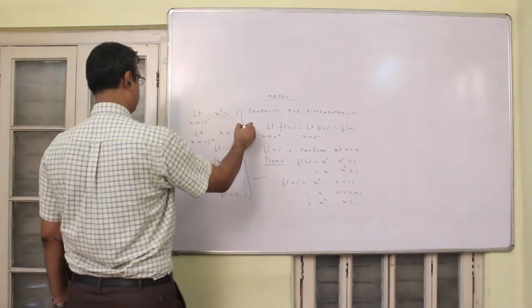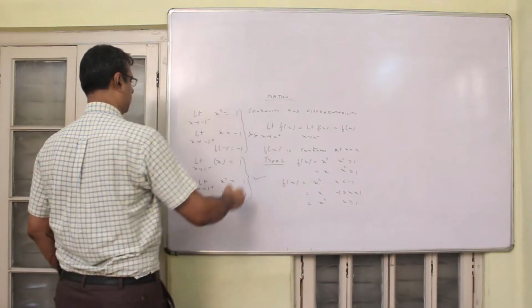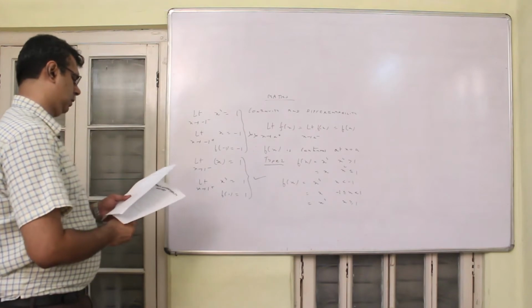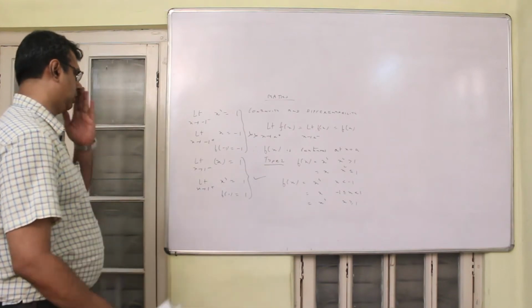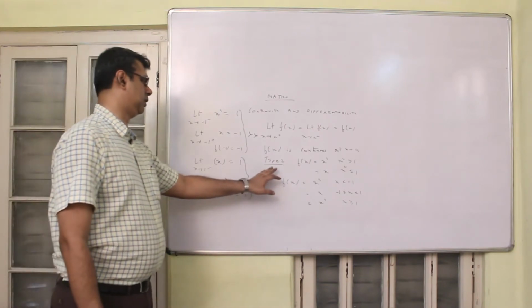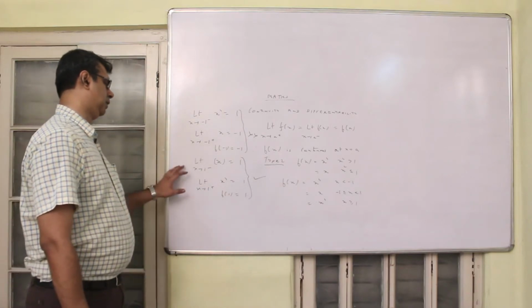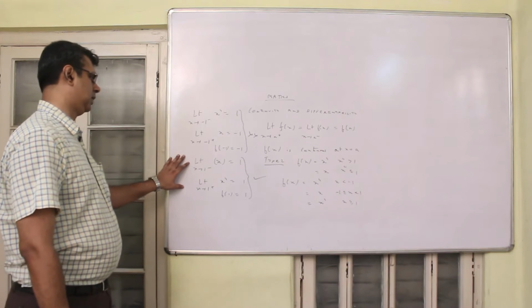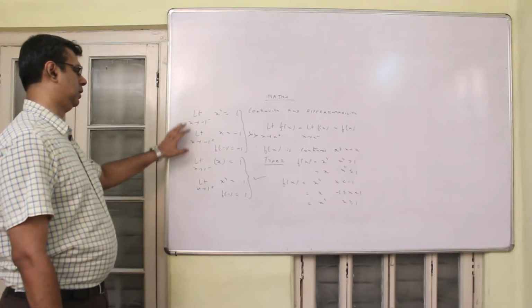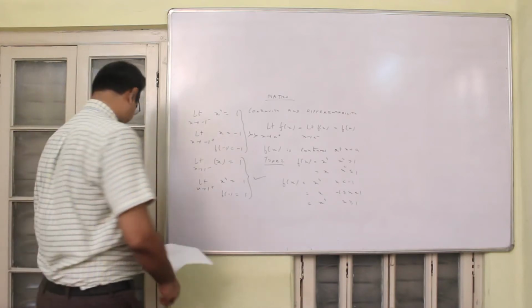So you can see that it is not continuous at x equal to minus 1. So in this particular question, which is type 2 of the sheet, we can clearly see that the function is continuous at x equal to 1 and discontinuous at x equal to minus 1.